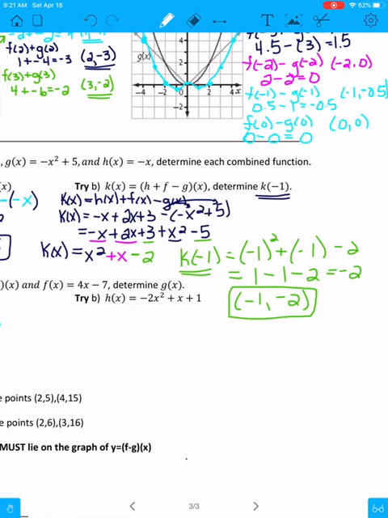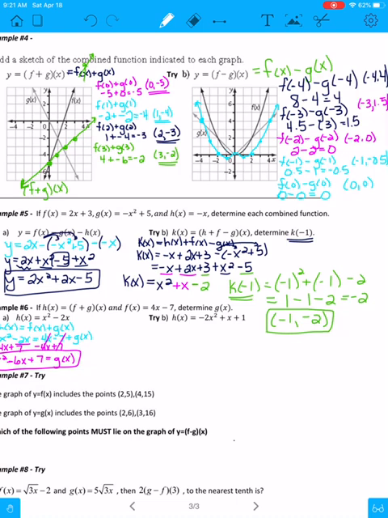And then you get to try this one, h of x. So you can pause it and try it. H of x equals f of x plus g of x. So h of x is negative 2x squared plus x plus 1 equals f of x, which is 4x minus 7, plus g of x.